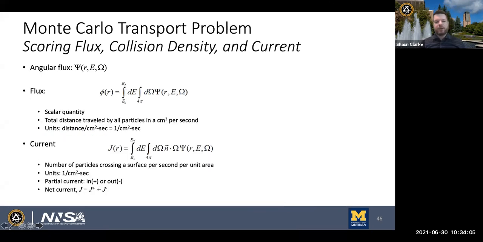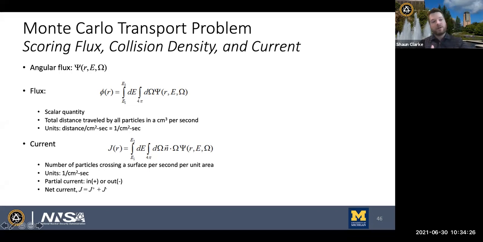But before that, I just want to say a quick word about the quantities that we're interested in here. The big picture, the holy grail, if we knew this, we'd know everything, is angular flux. Angular flux is the particle population as a function of position, energy, and direction.